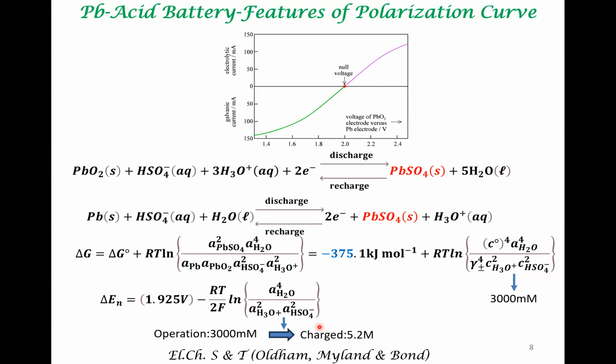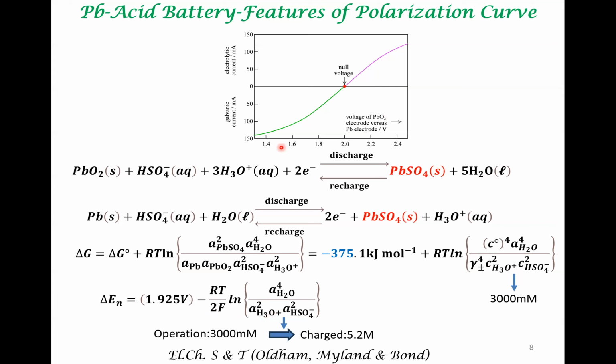So what is to be noted is that these numbers during the discharge process get converted to 5.2 molar. This is the concentration I'm referring to. This concentration gets converted to 5.2 molar via charging. If you change this number, you can correlate that to voltages mentioned on this side of the polarization curve.